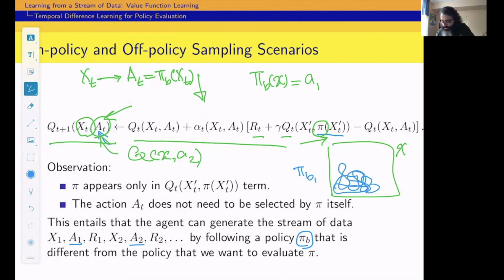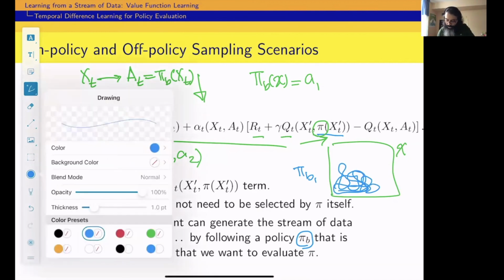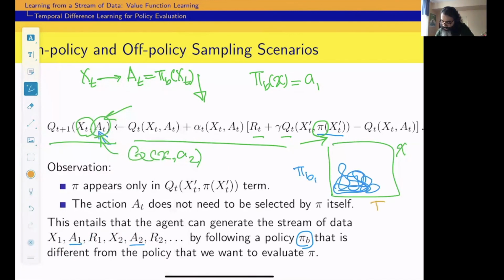It never goes in the upper region of the state space. But another one, which I show with orange, pi b2, starts from here but goes everywhere. So this orange one, pi b2, seems to be more exploratory and allows us to collect data from everywhere. Roughly speaking, this is not precise, but pi b2 is a better behavior policy.